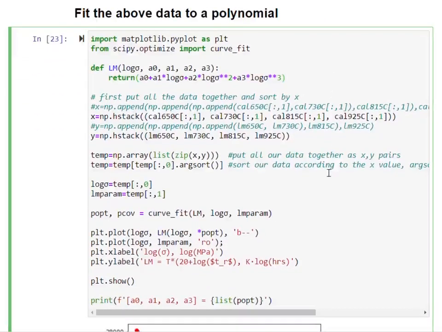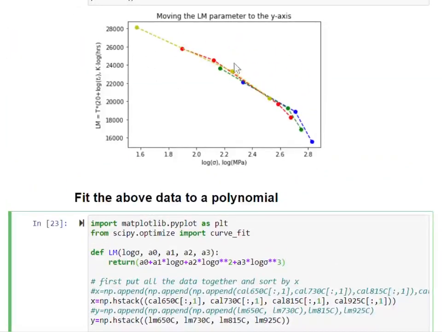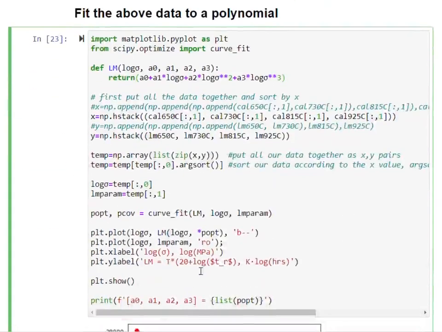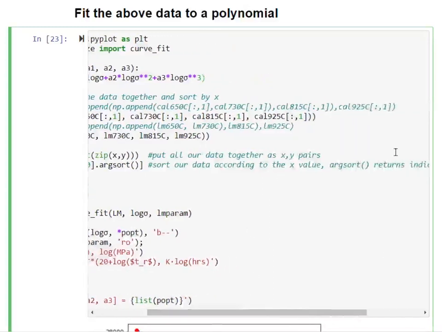And then, to fit, I would like to have all of my data points together. So we're going to horizontally stack them, which another way to do is to append the 730 data to the 650, then take that and append the 815, and then take that result and append the 925.